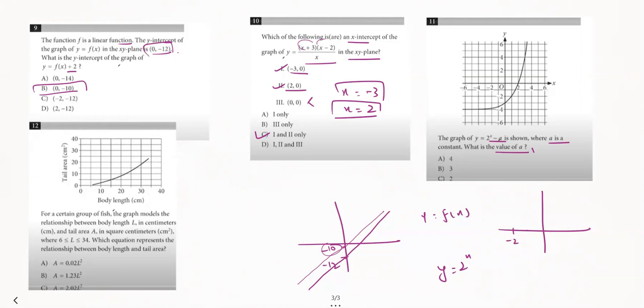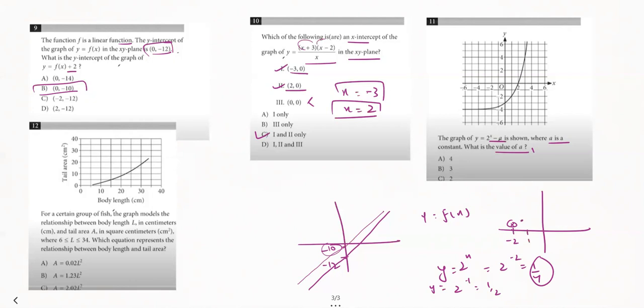It would be 1 upon 4. This is the first point. Then y is equal to 2 power minus 1 half, a bit larger over here.